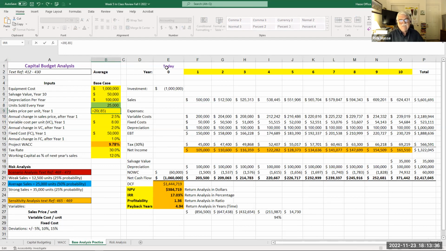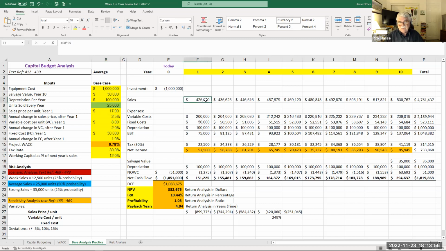What's 0.85? It's a 15% lowering of your selling price. 100% minus 15% is 85%. So I'm going to take 85% of our planned selling price, $20, and I get $17. So now it's taking $17 times 25,000 units, and it's coming up with new revenue numbers.